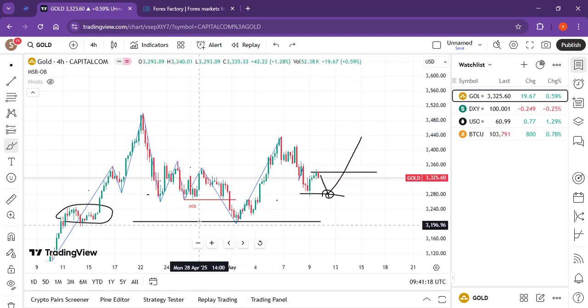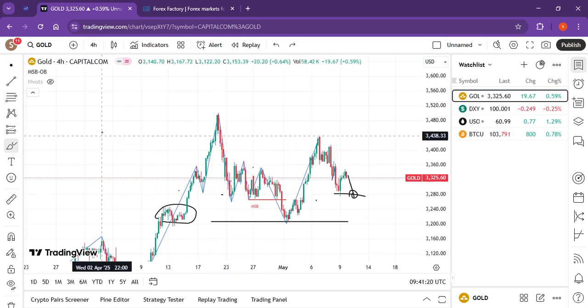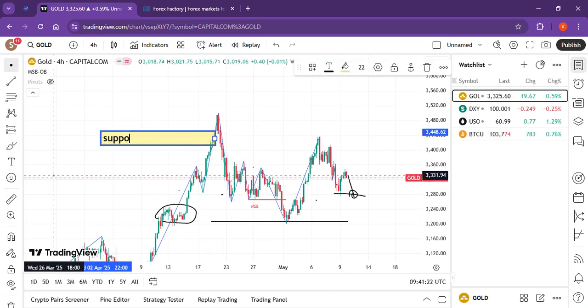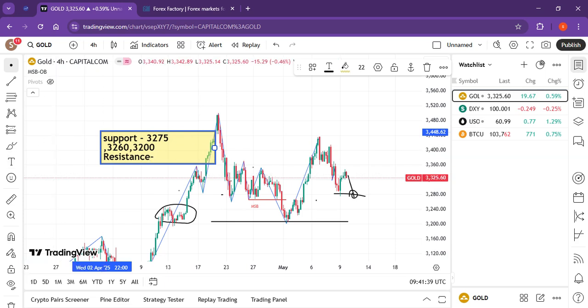So let me mention again the support and resistance levels for all of you. Support will be at 3275, and then 3260. If that breaches, then we can expect 3220 to likely occur. Always remember, I am giving these support and resistance levels based on weekly analysis.